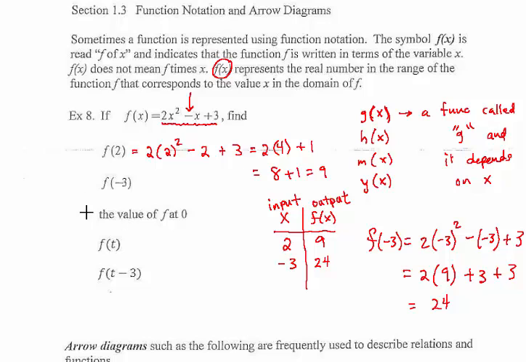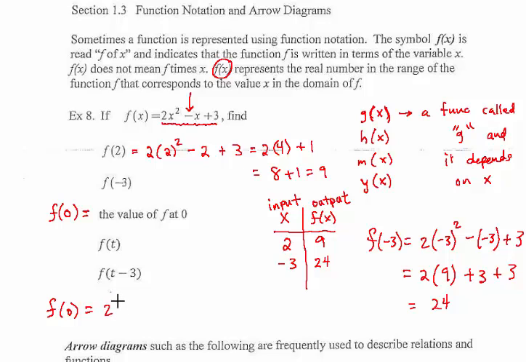Alright, this phrase here, the value of f at 0, could be written in function notation by simply writing an f followed by parentheses and a 0 inside. So what they're telling us here, the value of f at 0, they're telling us to put 0 in the place of x, just like we did with the 2 and the negative 3.